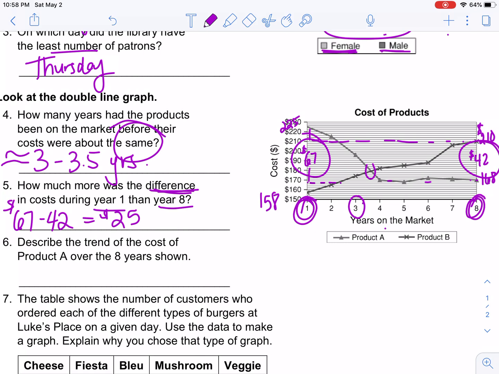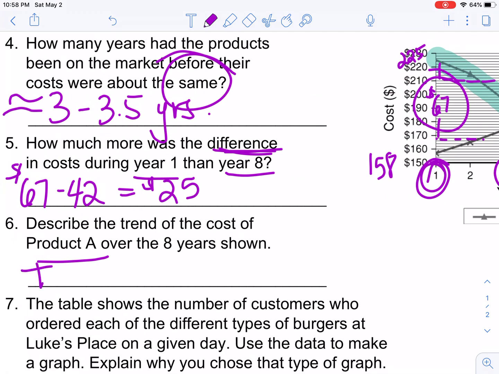Number 6 says, describe the trend of the cost of product A over the 8 years shown. Well, A decreases pretty quickly. The cost decreases quickly and then steadies out.